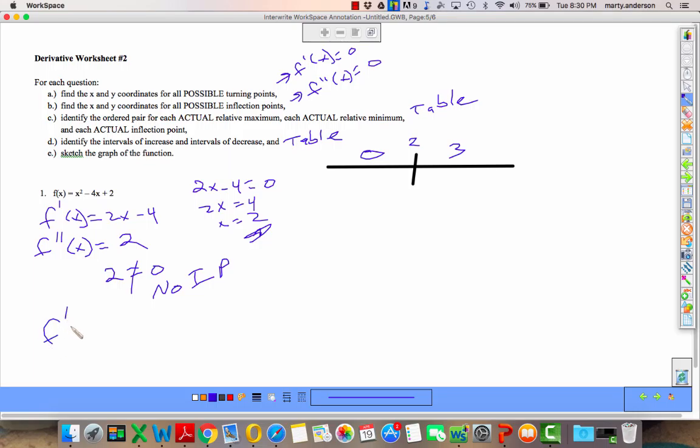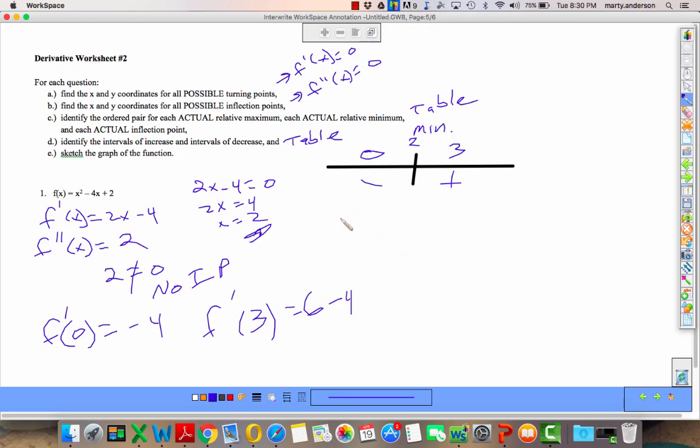So f prime of 0 is negative 4. So I'm negative. I put a 3 in there. F prime of 3. The table will always be done with slopes because we're talking about increasing and decreasing. F prime of 3 is 6 minus 4. It's positive. This shouldn't surprise us too much. So if I'm going down then up, I'm going to be a minimum.